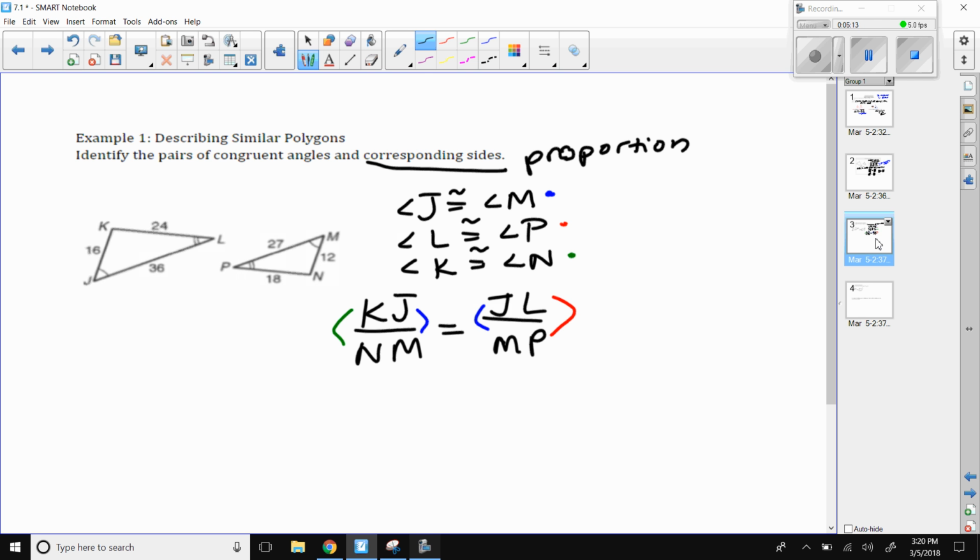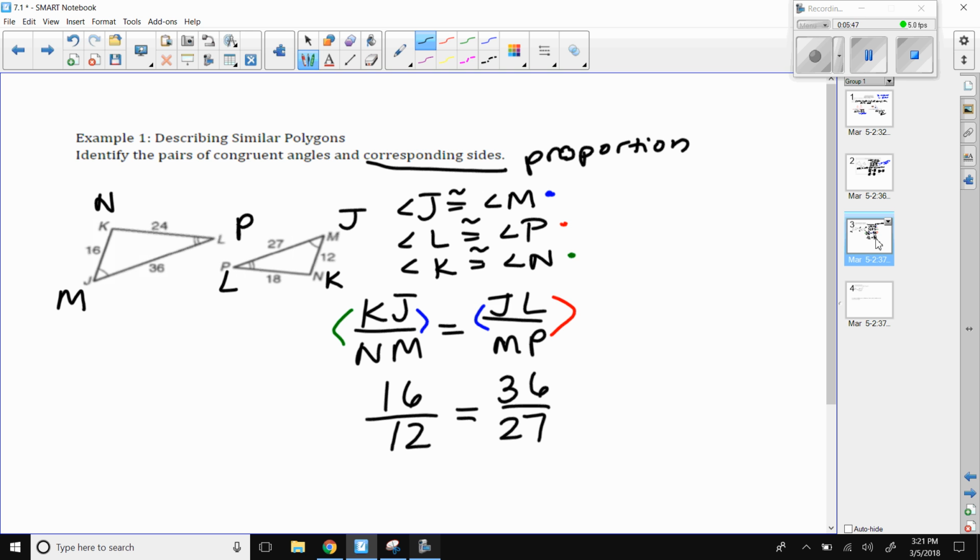Okay, remember we talked about before, you can also write them right here. M could go here, P and N, that can help with the side lengths as well, and you can do it for these ones here. This is going to be the same as L, this one's going to be the same as J, and this one's going to be the same as K, and that can help you. Okay, and I want to write a proportion for this, so KJ is 16 over NM is 12 equal to JL is 36 and MP is 27. Okay, and you want to check whether these are equal or not.